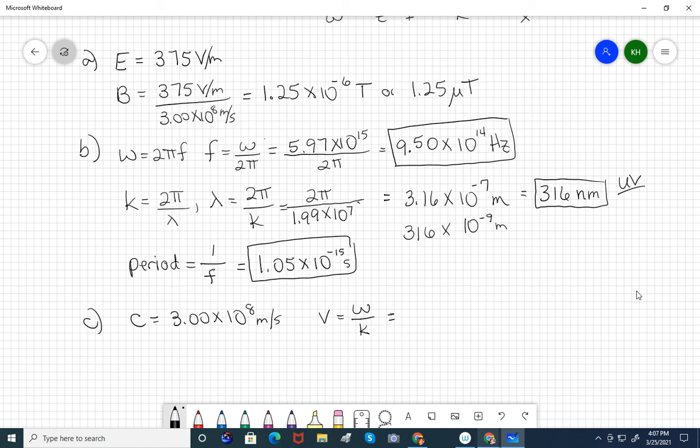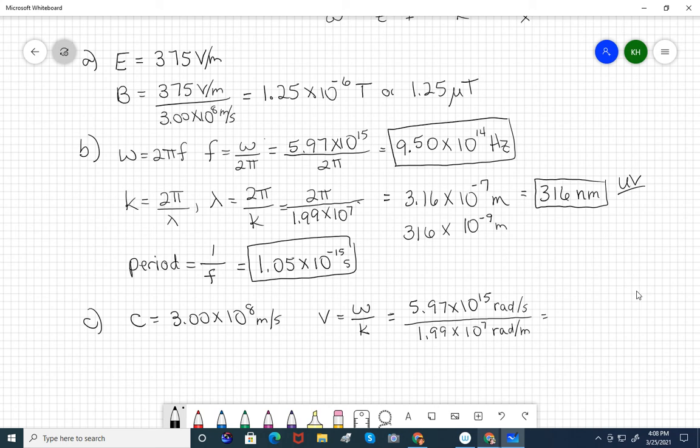They said in the original that omega was 5.97 times 10 to the 15th, and that was radians per second. And that k was 1.99 times 10 to the 7th. That's radians per meter. The radians, of course, go away. We end up with meters per second.